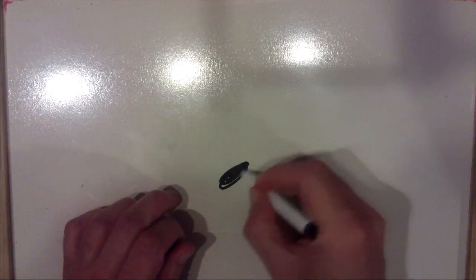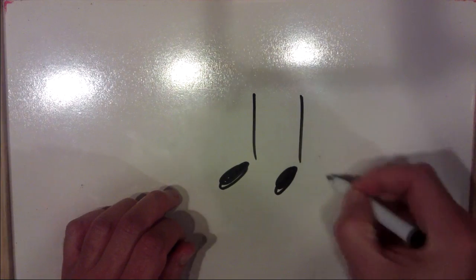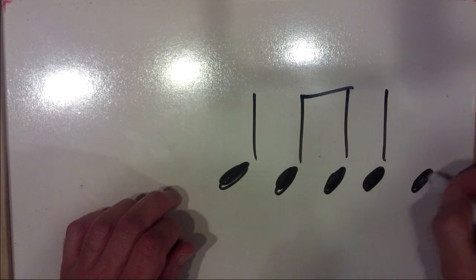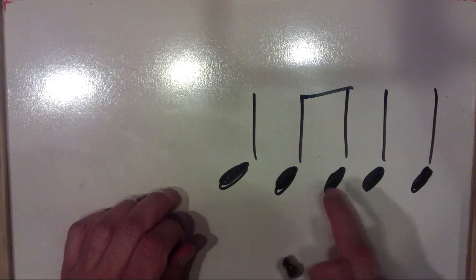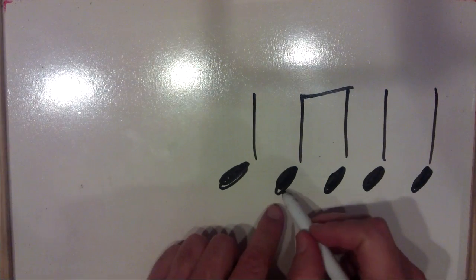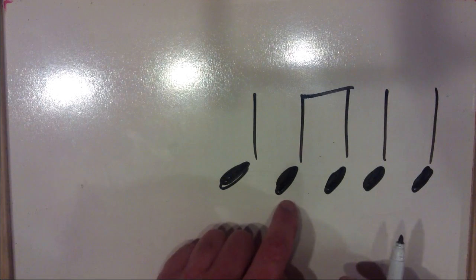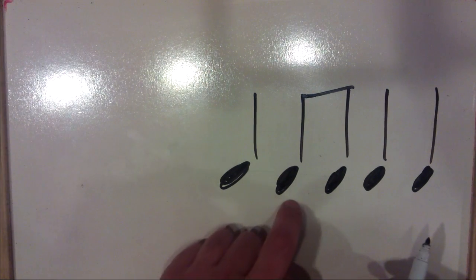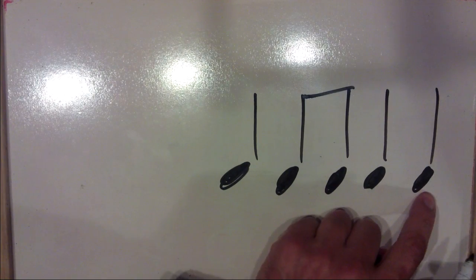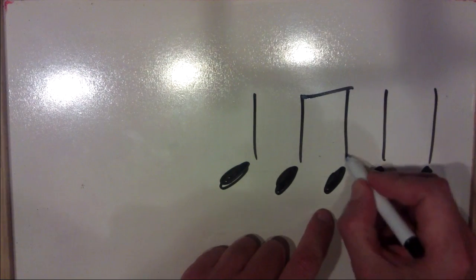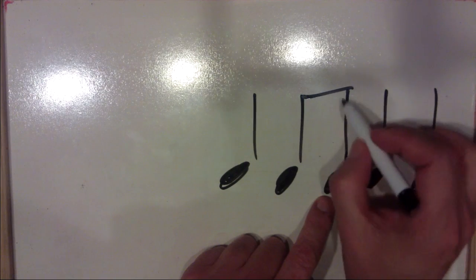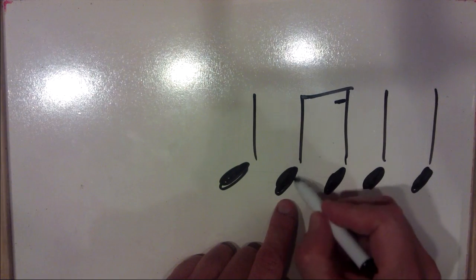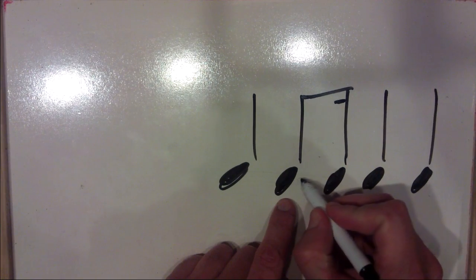We might want to add a dot to one of the 8th notes. For example, we have this ta ta ta ta, and perhaps we want to do this one a bit longer and this one a bit shorter. To do that, we have to split this 8th note into a 16th note and extend this 8th note with a dot.